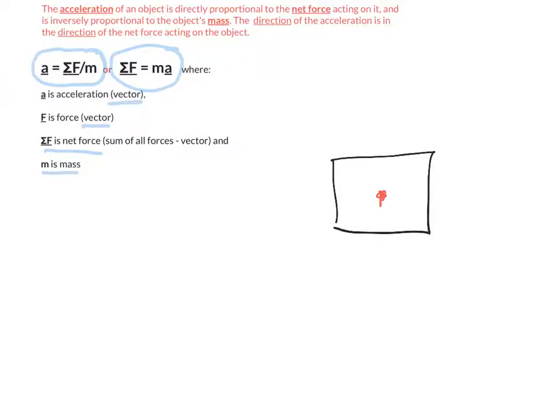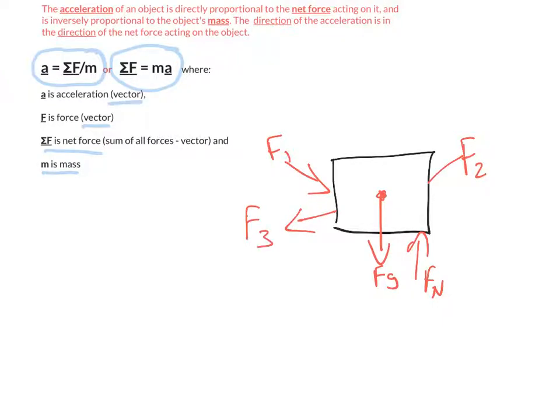So almost all bodies are going to have a force of gravity, and typically if it's sitting on something, a normal force acting up on it, and if somebody is pushing on it over here, F1, and somebody's pulling over here with F2, but then pulling over this way at F3, you would look at that object and do a sum of all the forces.